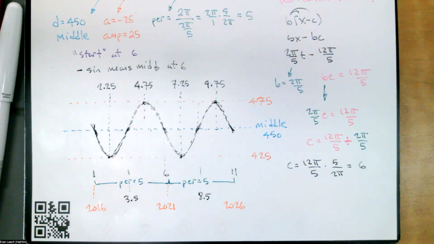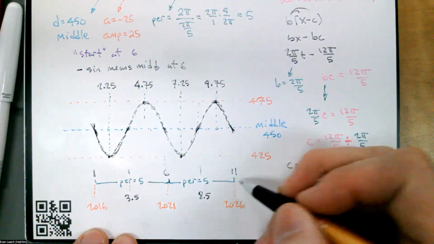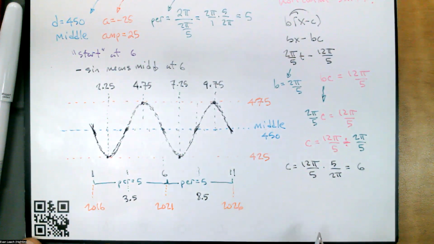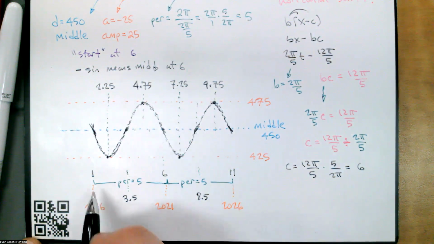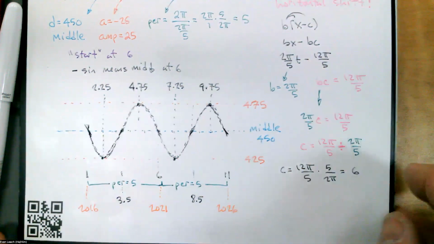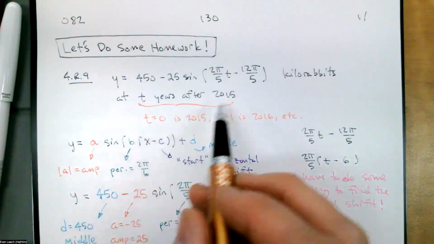Right? Yeah, this is 11 years after 15. It's not 6 years later, it's 6 years after 2015, because 0 is 2015.